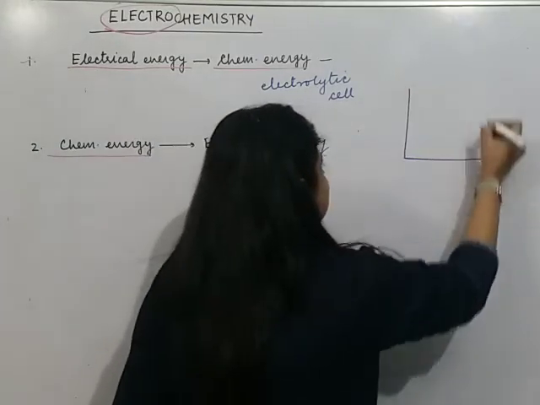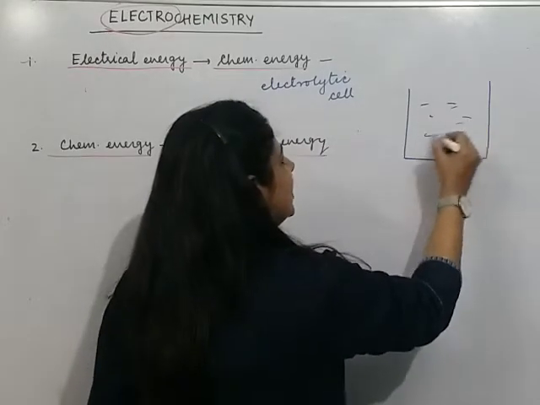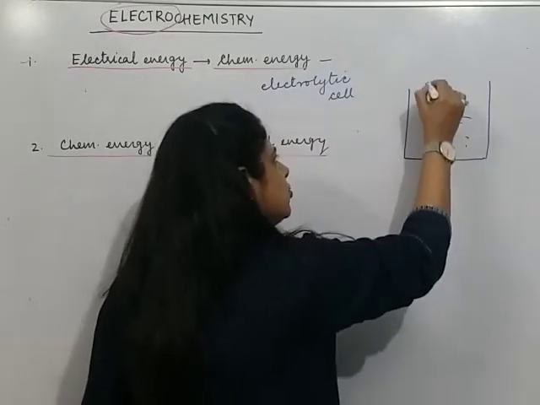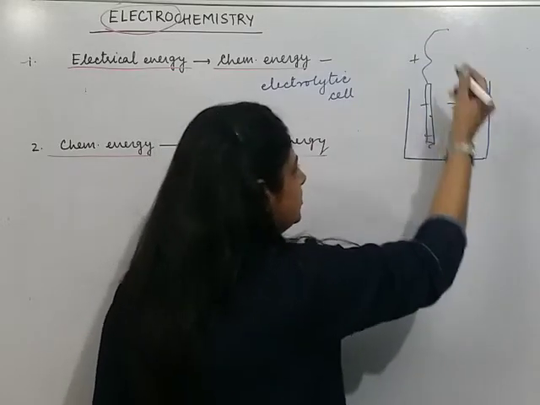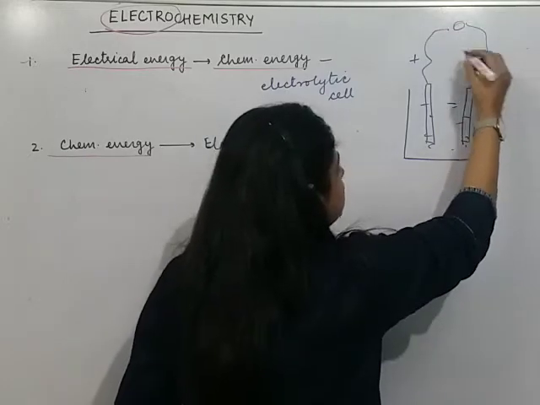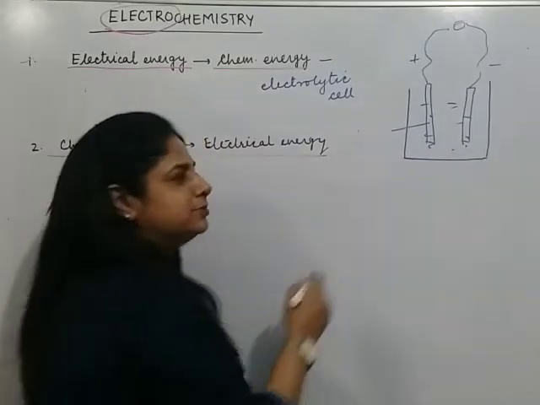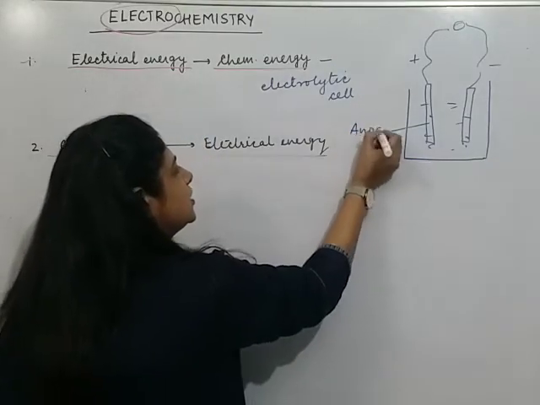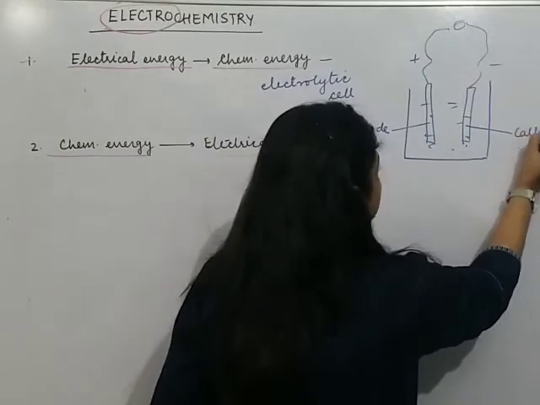Electrolytic cells are cells in which there is an electrolytic tank, there is an electrolyte filled in it, and there are two oppositely charged electrodes. One of them is connected to the positive terminal while the other is connected to the negative terminal of a battery. The one which is connected to the positive terminal is called anode, while the one which is connected to the negative terminal is called cathode.